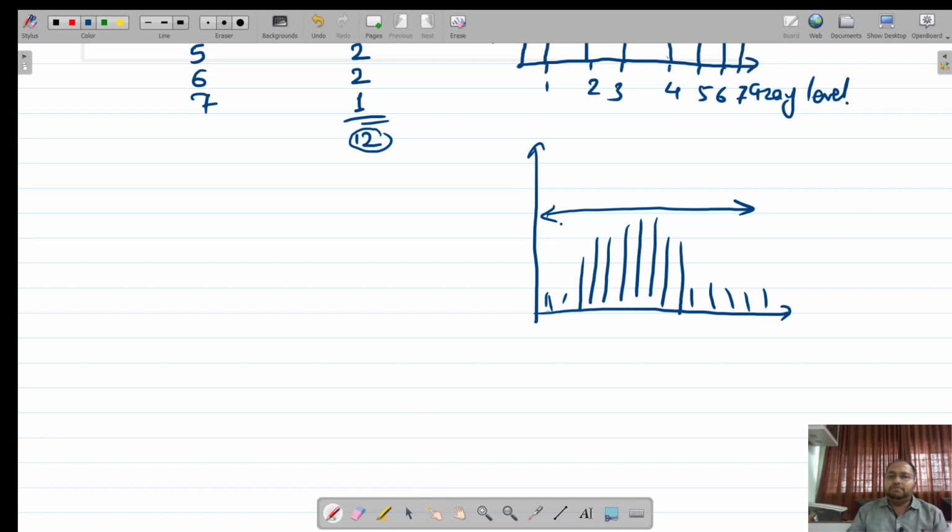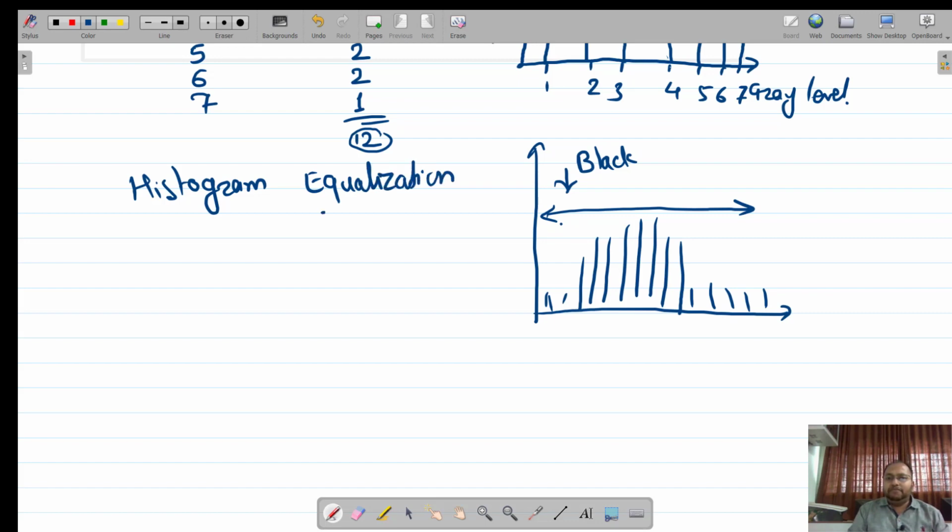Sometimes your black levels, the dark level intensities, are not properly visible, so in order to modify that we are going to go for histogram equalization.